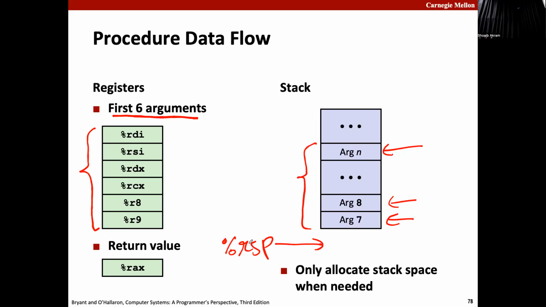Stack pointer is here. If you want to mess around with the caller's frame, you need to go up, plus. And if you want to go down in the stack to create more space for yourself, minus, minus, minus, minus, minus. So your stack frame will grow downward. And if you want to mess with the caller's stack frame, you go above.